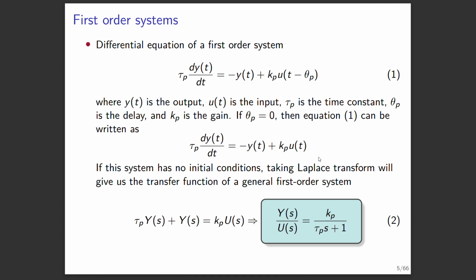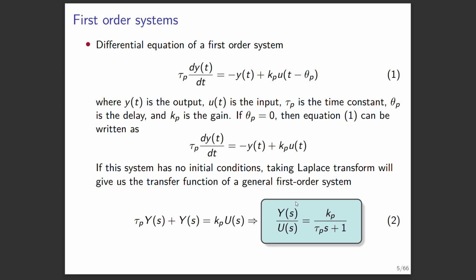Now, if I take the Laplace transform of this differential equation, I'm going to have this. The equations that are important, we put in this presentation and other presentations after this, we are going to put them in a box. The box is going to show that you need to probably memorize them.